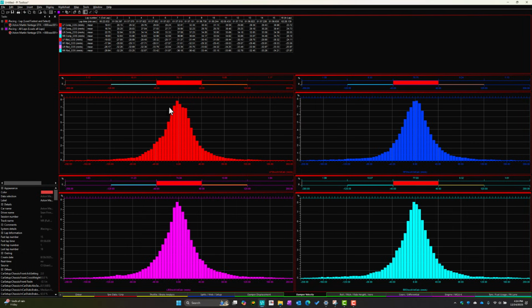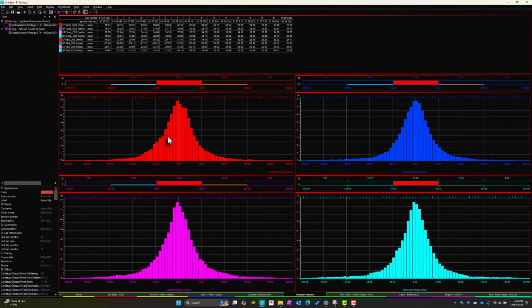If I see nothing but a lot of very slow movement, that tells me that my shock is probably too stiff. Conversely, if it's too flat, that generally means that my shock is too soft, because I've got a lot of high speed movement since it's not adequately damping the spring underneath of it. But in this case, the shape is generally pretty good.